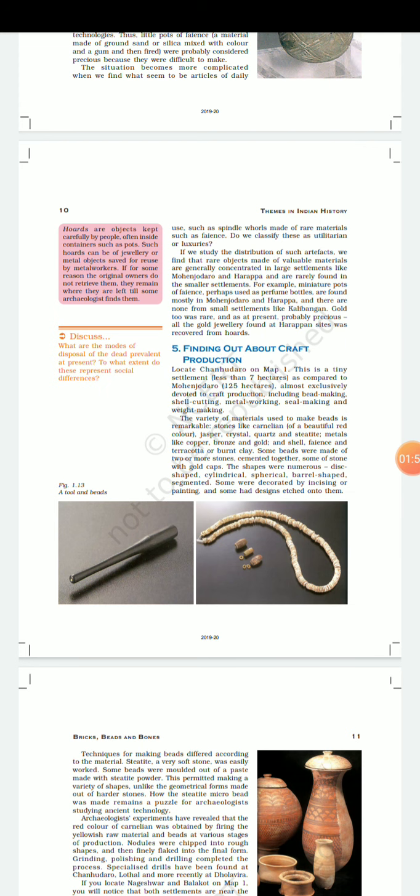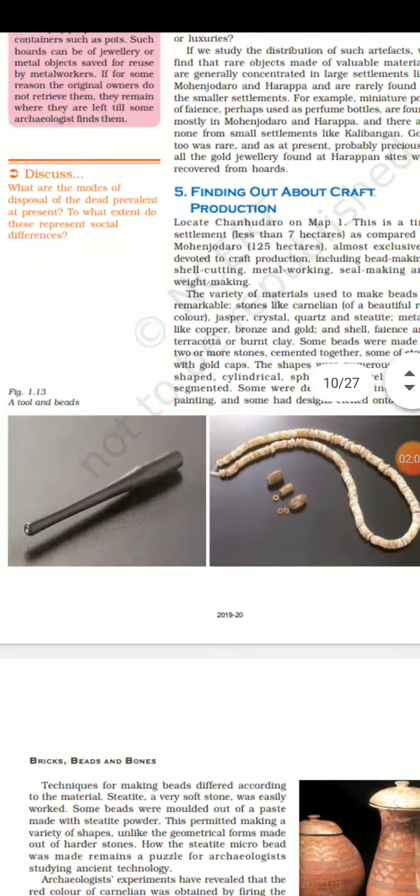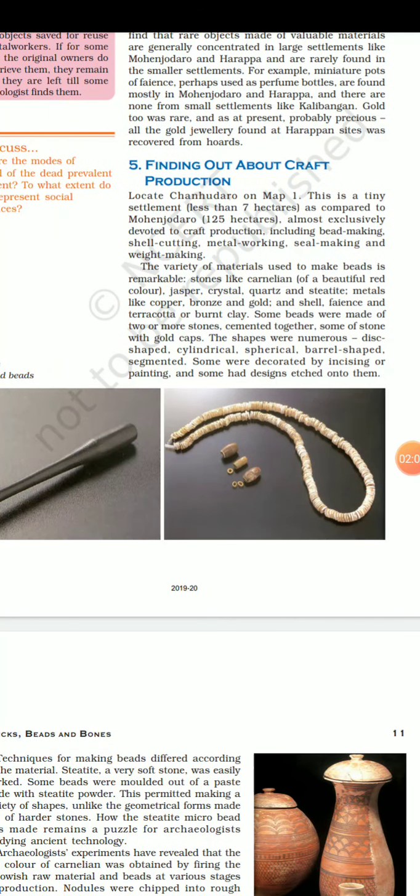Now the second paragraph, heading number 5, page number 10: finding out about craft production. The variety of materials used to make beads is remarkable.